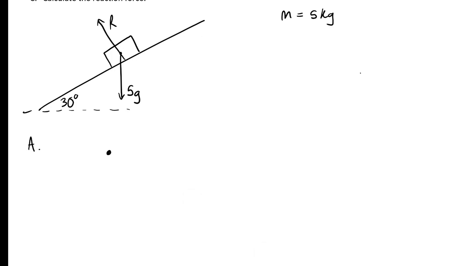Here's the center of mass of the block, and weight acts down on that block and has a size of 5g. Then we can add in the components of weight. One of them, like that, must be perpendicular to the surface. The surface is that.